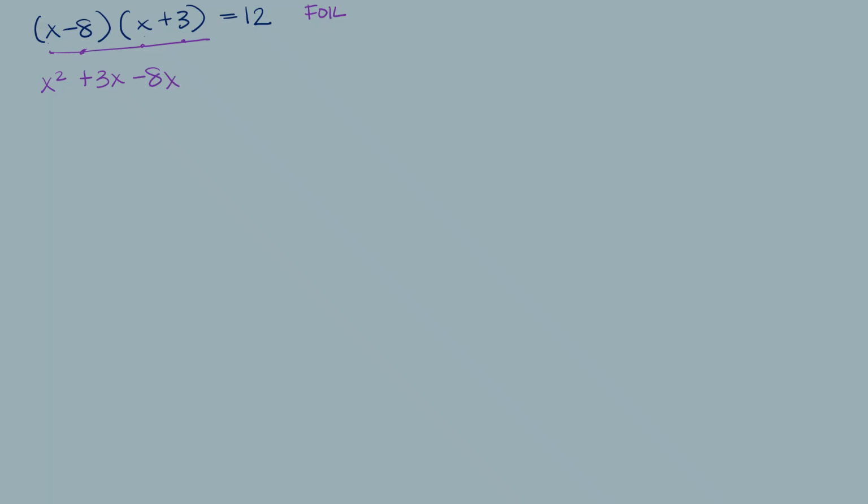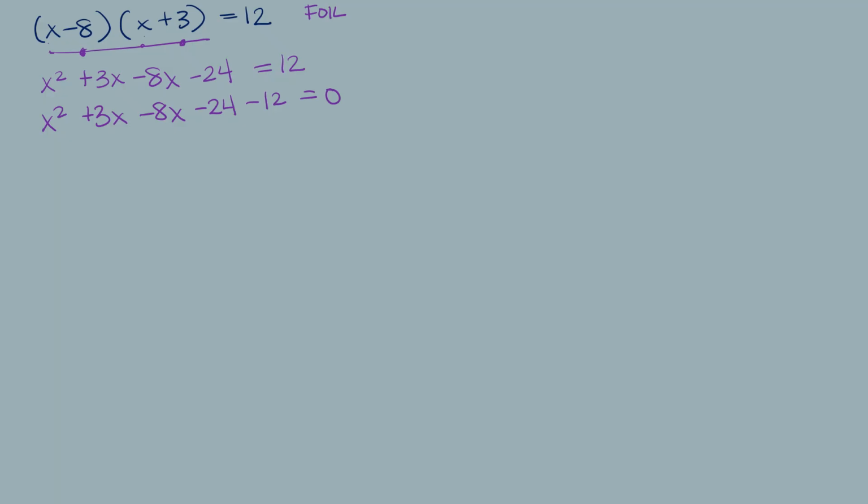And then we're going to do our last ones, negative 8 and 3, to get negative 24. And this is equal to 12 because we haven't done anything to that side yet. But we are going to move it over to the left by subtracting. So we're going to shift down all the numbers that we just got, and then subtract 12 and set that equal to 0.